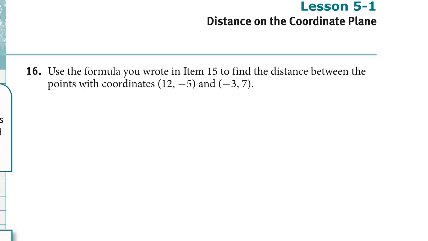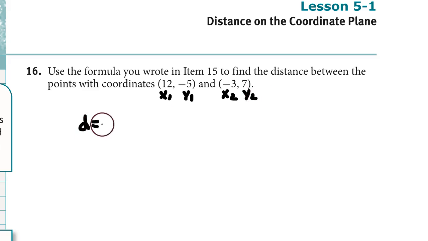Number 16, use the formula we wrote to find the distance between these points. We're not going to draw a picture this time. We're just going to find the answer with the formula. Remember that the first point gets the symbols x1, y1. The second point gets the symbols x2, y2. Here was the distance formula we just wrote.